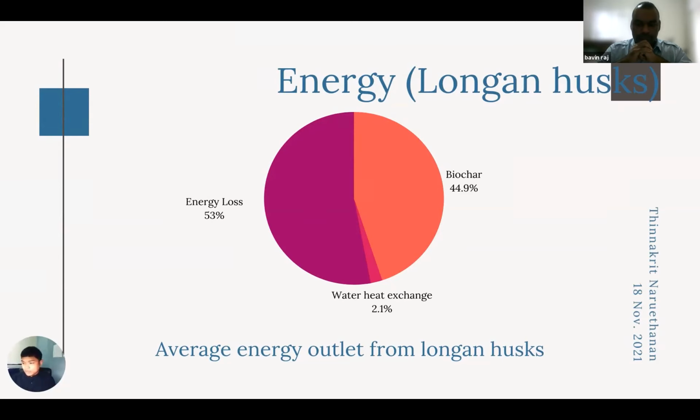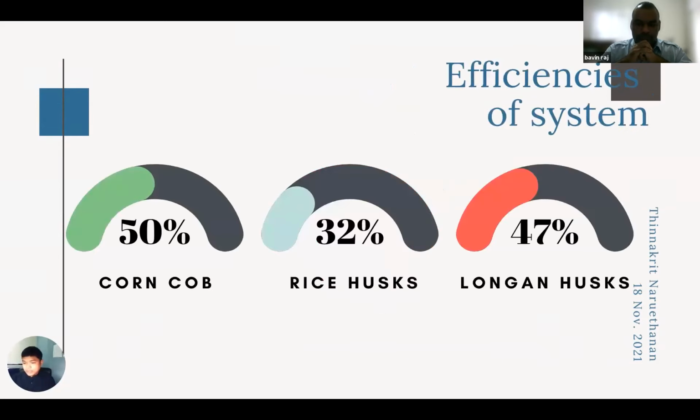So when analyzing the efficiency of system, it was found that corncob is 50%, rice husk 32%, and mountain husk is 47%.